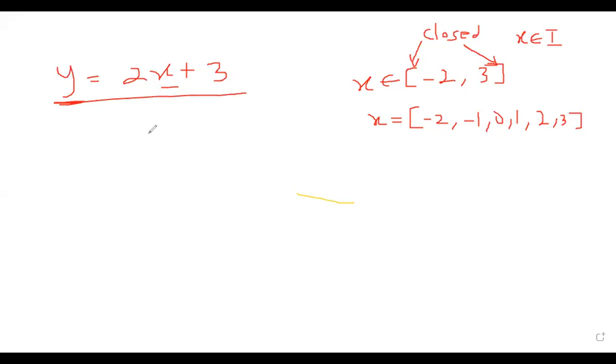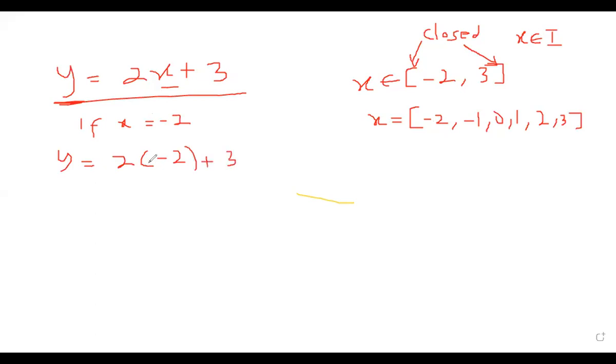For the first value of y, if x is equal to -2, then y will be equal to 2 into bracket -2 plus 3.